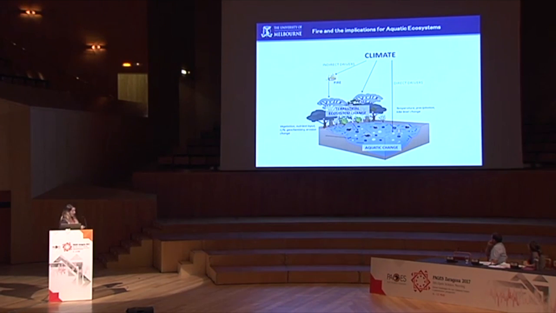But what is less understood is the relationship to climate in the indirect fashion through the terrestrial ecosystem, such as vegetation change, nutrient inputs, and changes in erosion. And particularly as well, the influences of fire through this system. And that's what I'd like to speak to today, is how fire is influencing the aquatic ecosystem, and a little bit about this relationship with the terrestrial ecosystem changes.